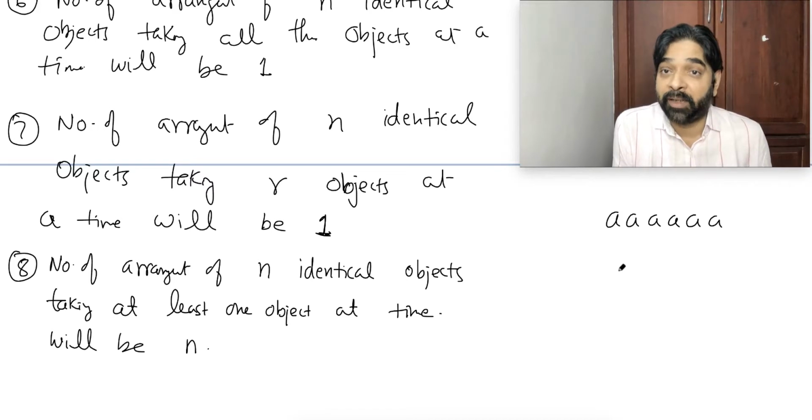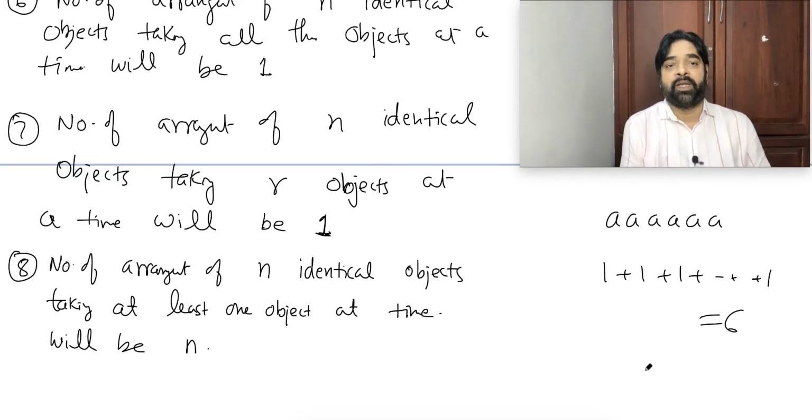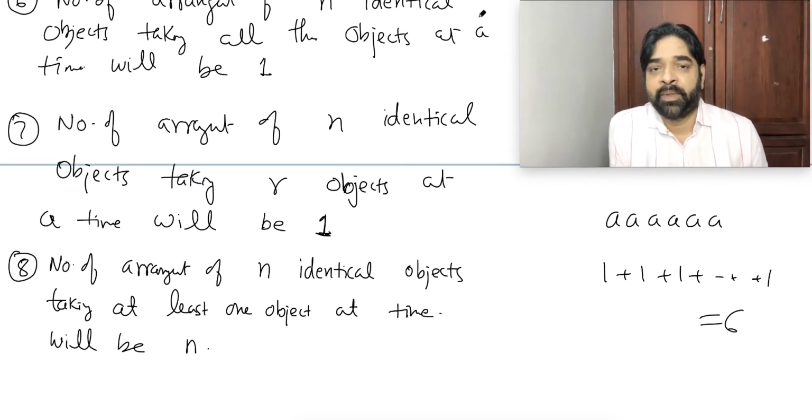You say I have to arrange either one letter, or two letter, or three letter, up to six letter. One letter, one way. Two letter, one way. Three letter, one way. Like this, 6 times. The answer will be 6. Is it clear to everybody?